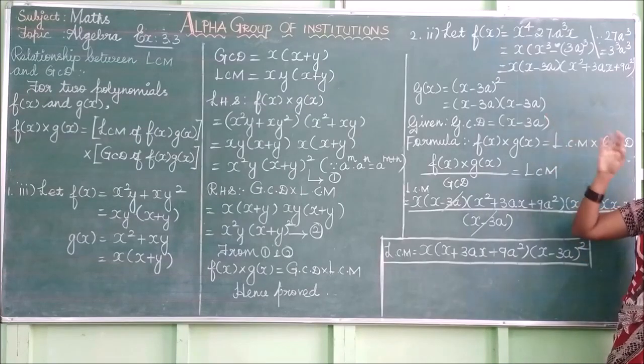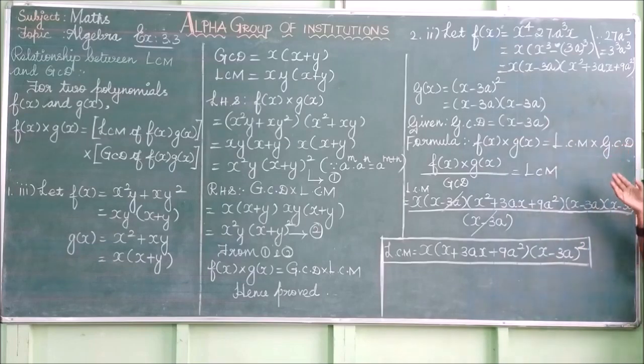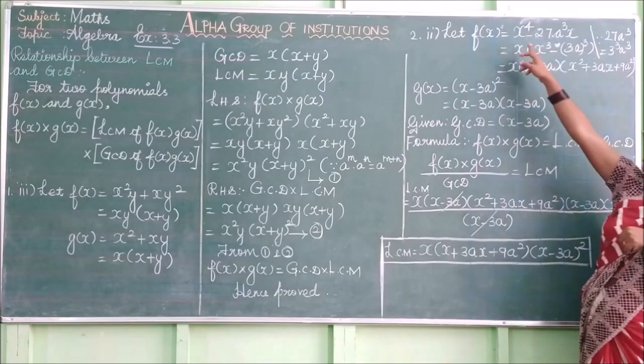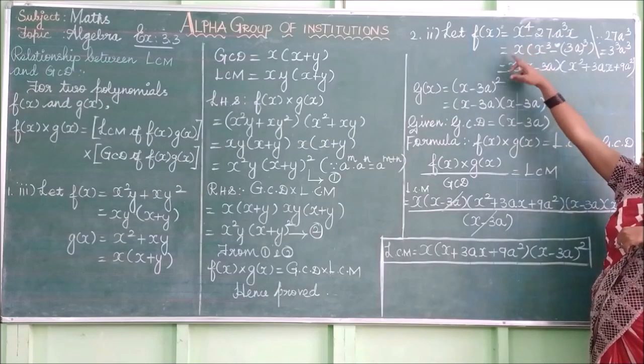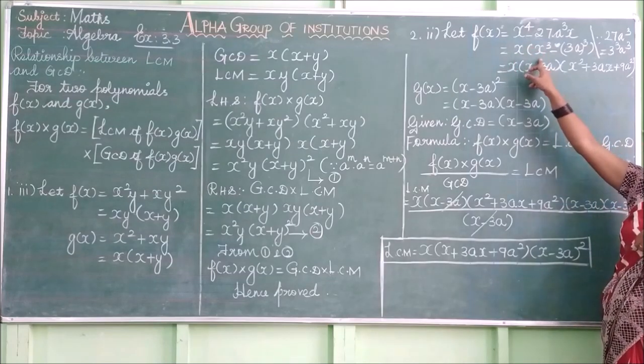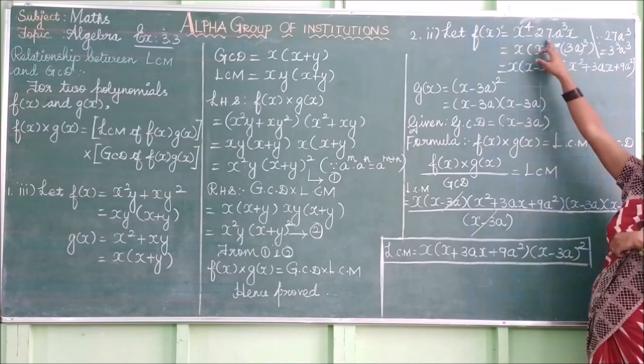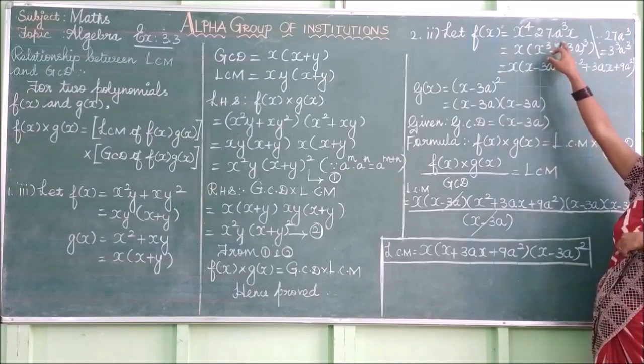So let f of x equal x power 4 minus 27 a power 3 x. Look here, both terms contain x, so you take x as common. What are the remaining terms? Taking x outside, the remaining term is x power 3 minus 27 a cube.